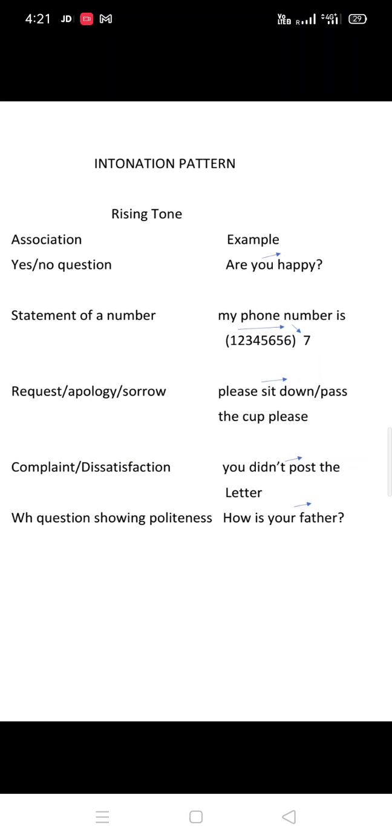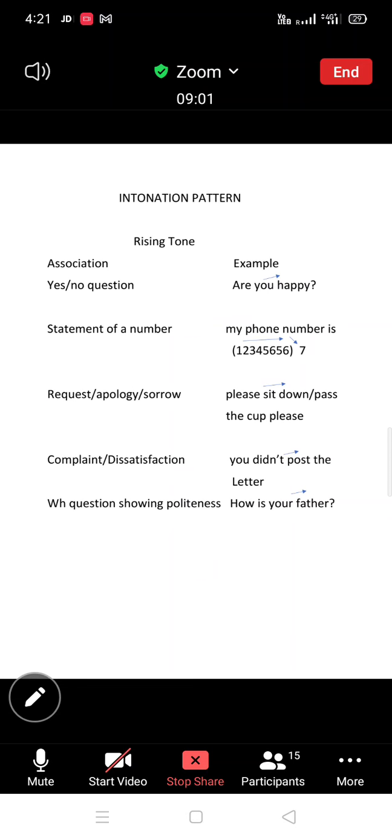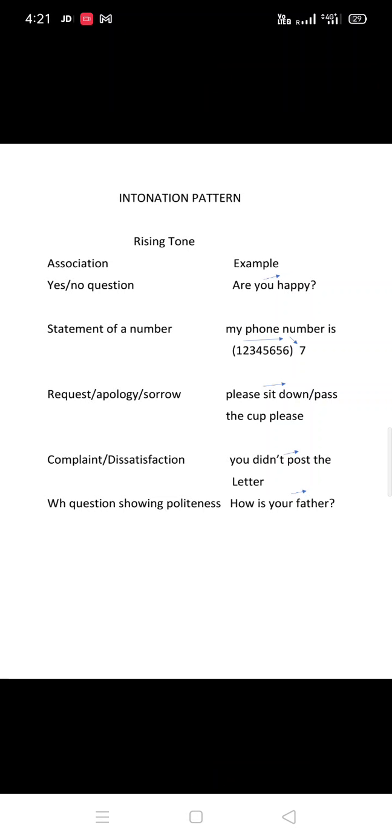Now, regarding complaint and dissatisfaction also, you should use rising tone, like you didn't post the letter. Regarding WH questions, which show politeness, we can also use rising tone, like how's your father?